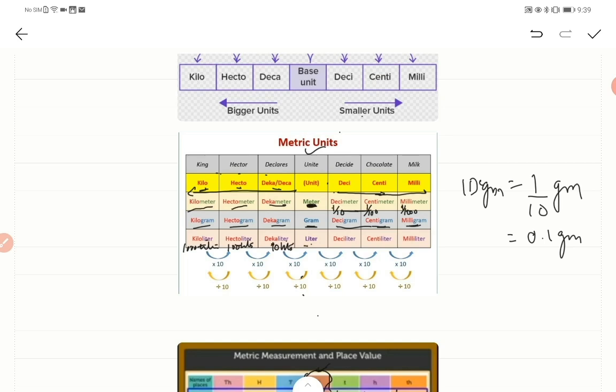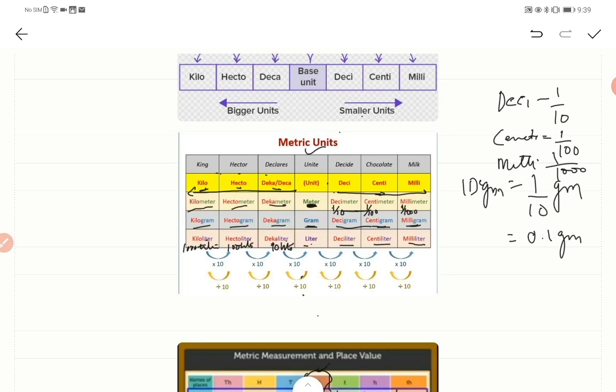For liters, less quantity or liquid capacity, it is deciliter, centiliter, milliliter. Just remember these words. Deci is 1 by 10, centi is 1 by 100, and milli is 1 by 1000.